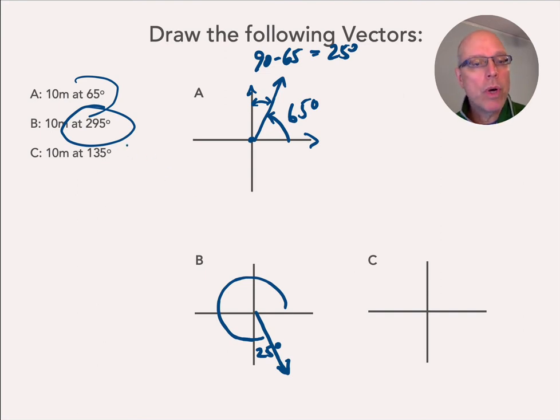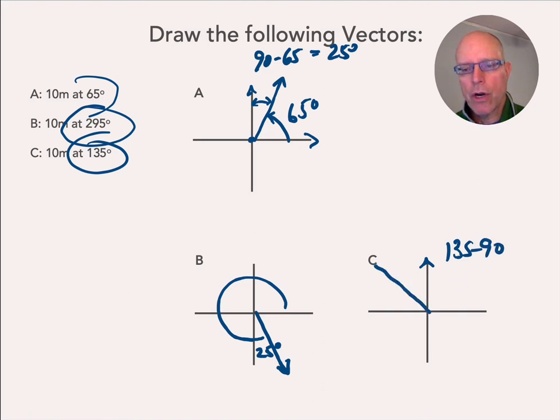Okay? Third one, let's go check out 135 degrees. So 0 to 90 is the first quadrant. Well, this guy is more than 90 and less than 180. So let's go think about how much more. This is where that logic works again. Here's 90. To get to 135, I go 135 minus 90, and that's how much farther than 90 I have to go.